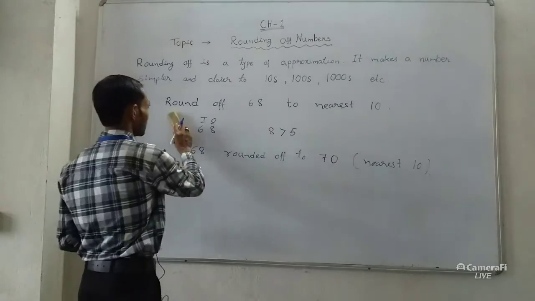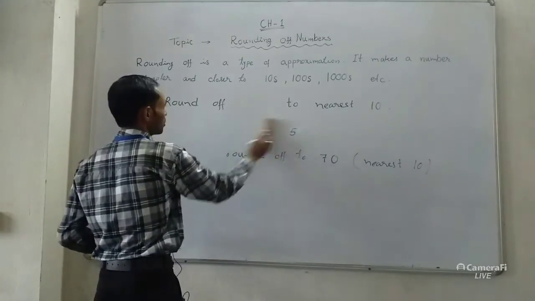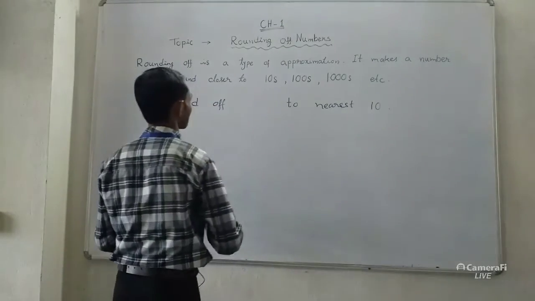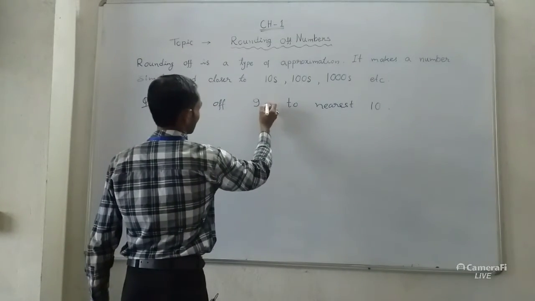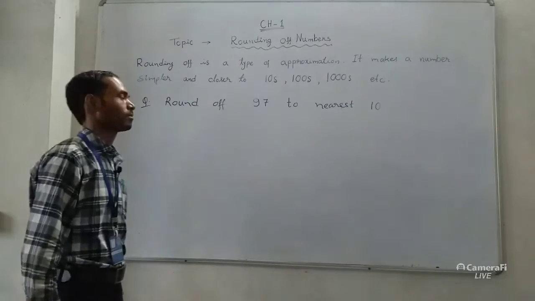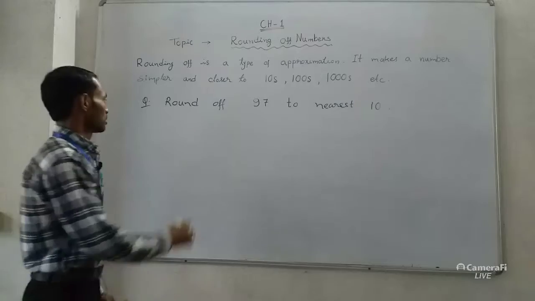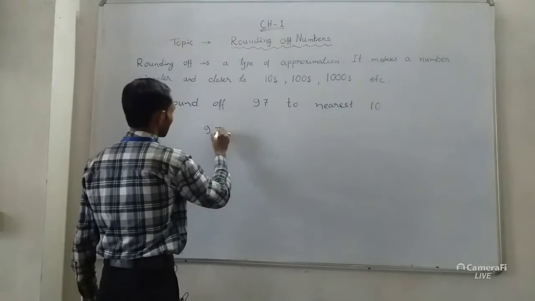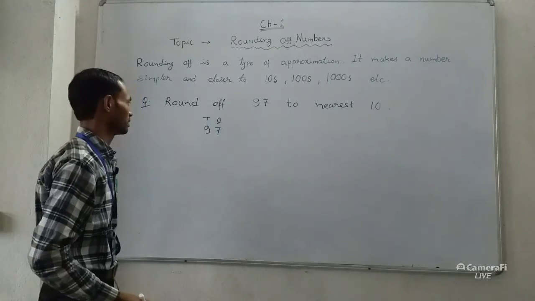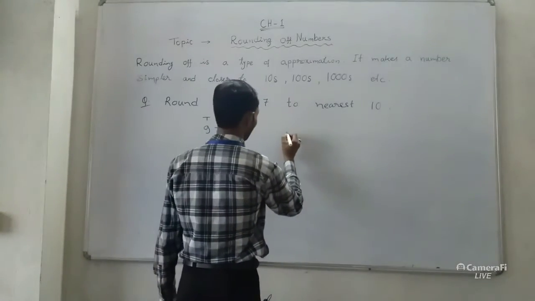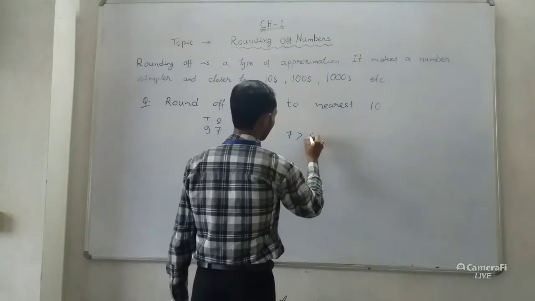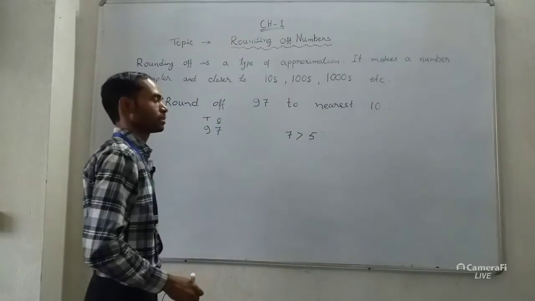Okay, let us take another example. Round off to the nearest 10: 97. So in 97, the ones place digit is 7 and the 10 place digit is 9. Now check the ones place digit, it is 7 and it is greater than 5.